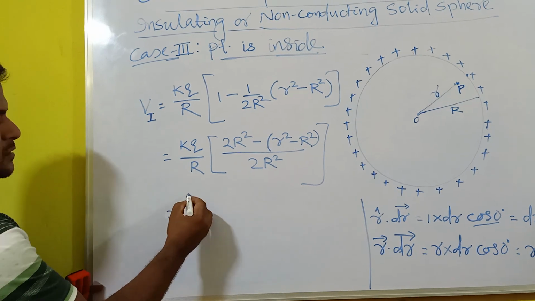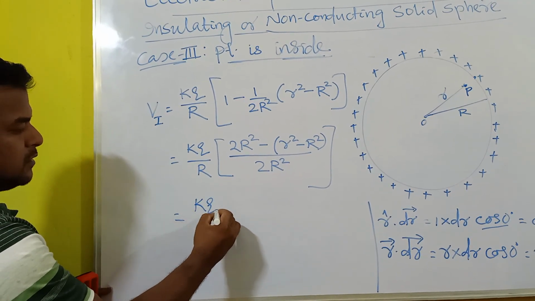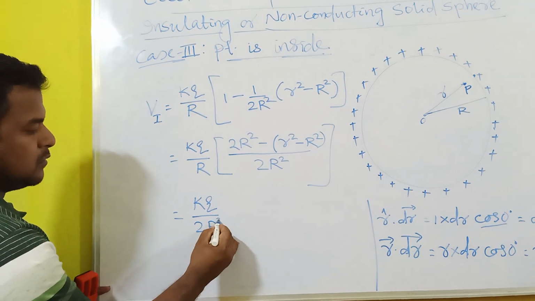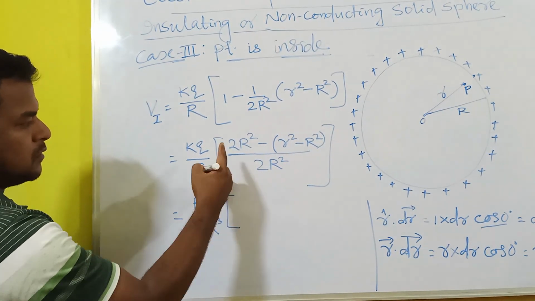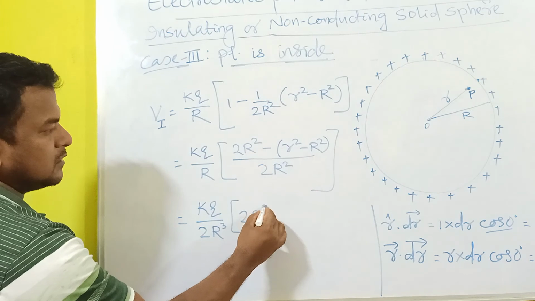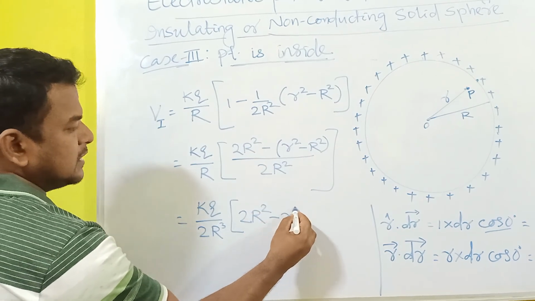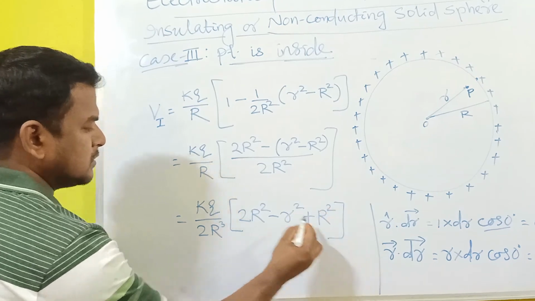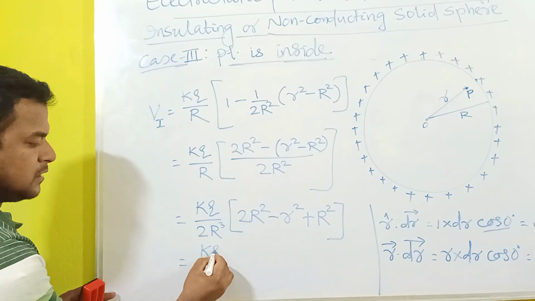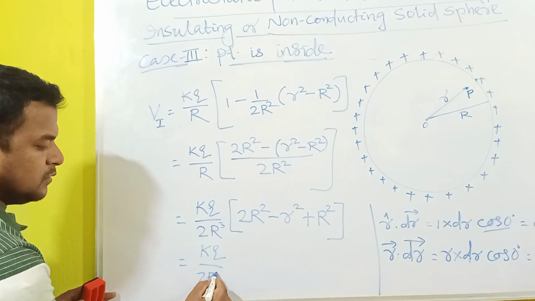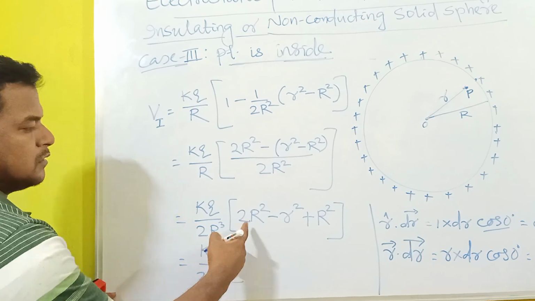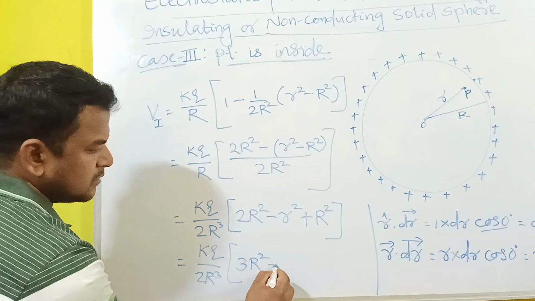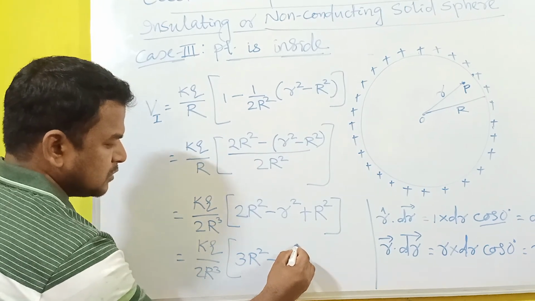That will be how much? kq upon 2R cube, 2R square minus r square plus capital R square. kq upon 2R cube, 2R square plus R square is 3R square minus small r square.